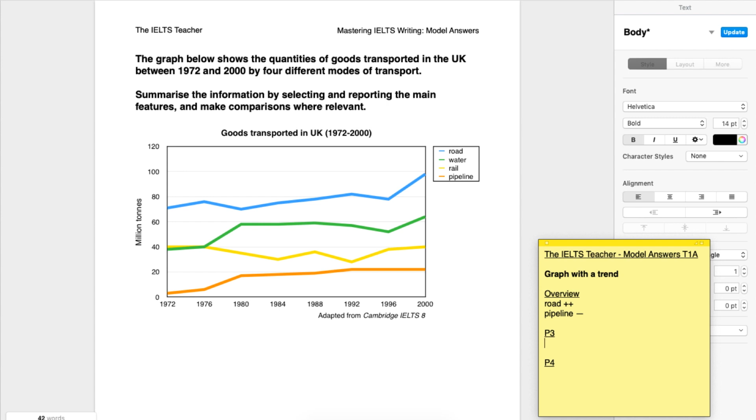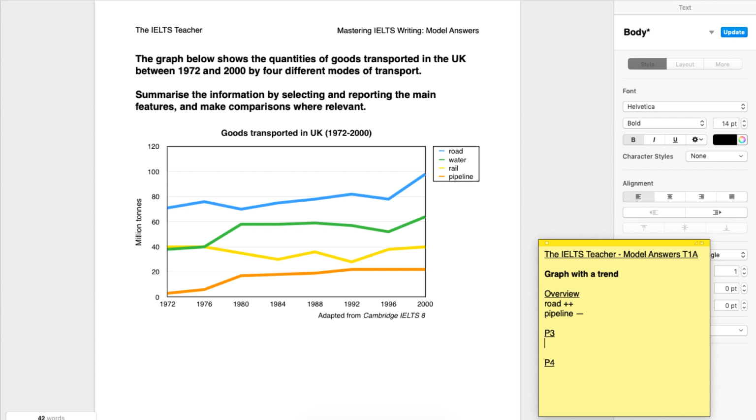But even within that separation, you can still create another theme. For example, you might combine water and rail because they start at a very similar point. That could be the reason that you combine those together. And then road and pipeline you combine together because you mentioned them in the overview, and also because they are in the highest and lowest positions.